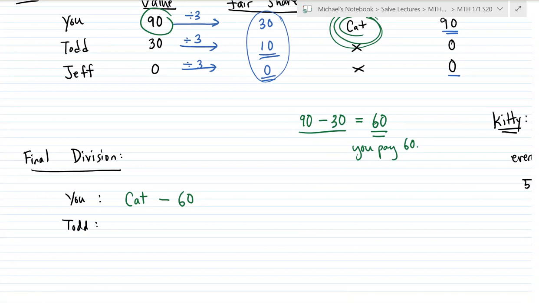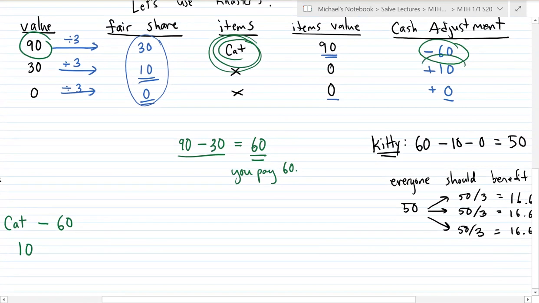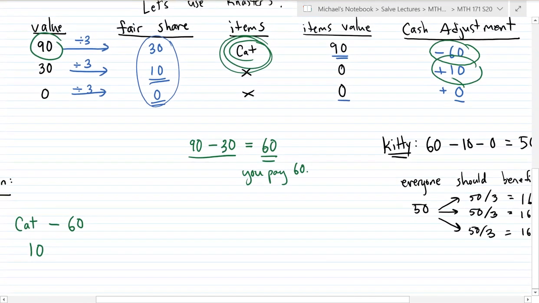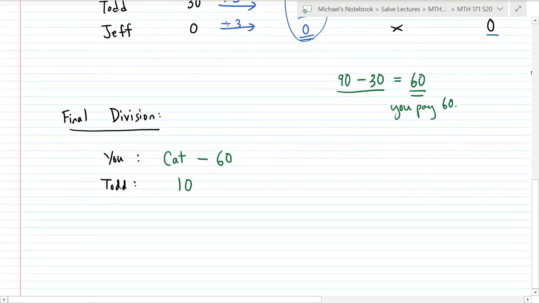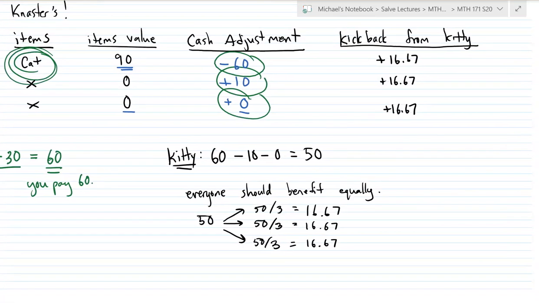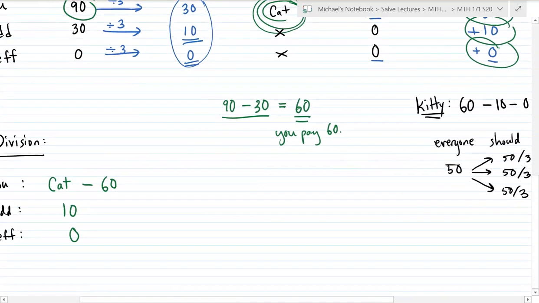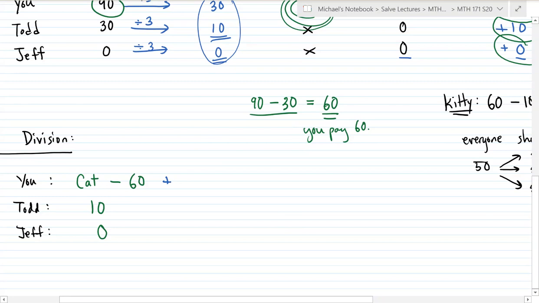Todd got $10 in order to get up to his fair share. Again, that's just from the cash adjustment column. And Jeff got $0. Okay, that's the first step, but then remember, we each got some kickback from the kitty of $16.67. And so here, we should add 16.67 to each person's account.